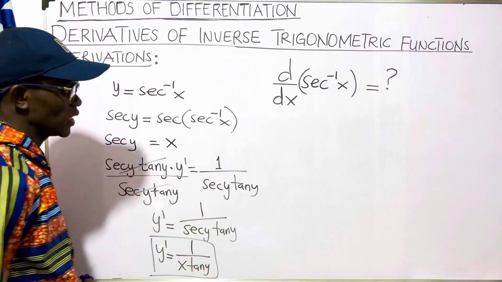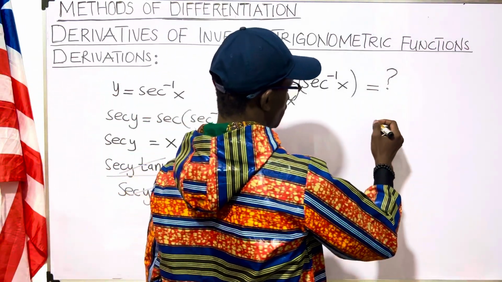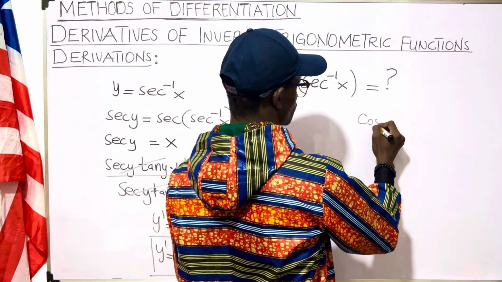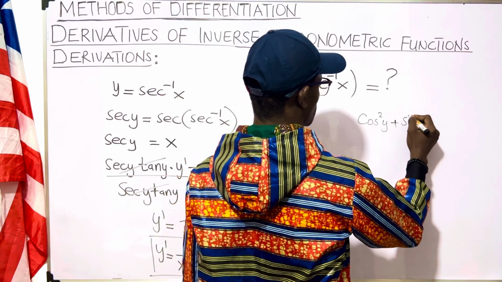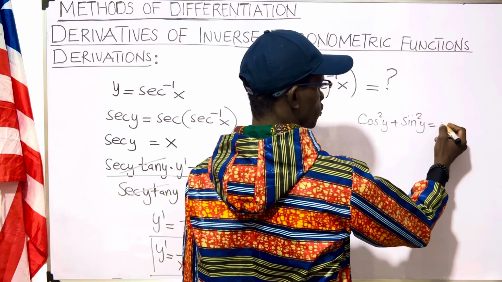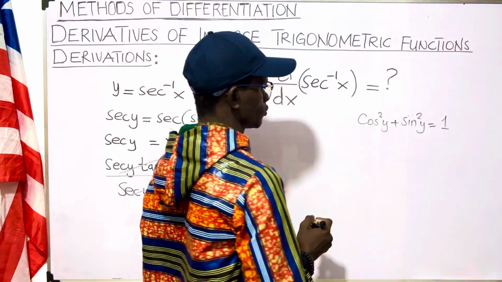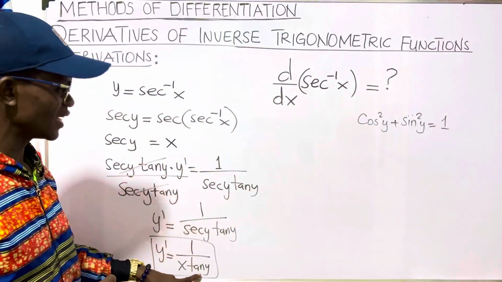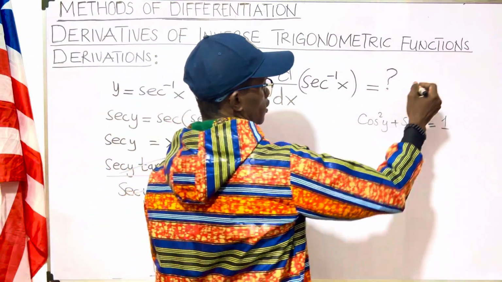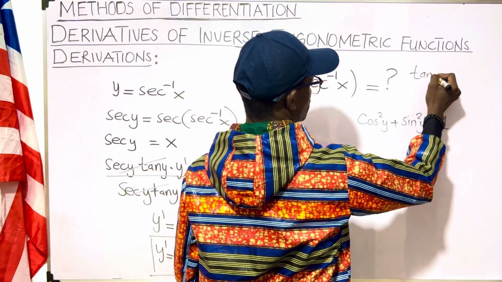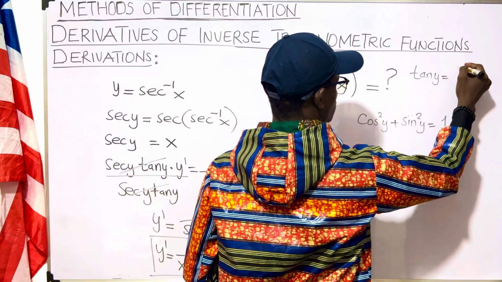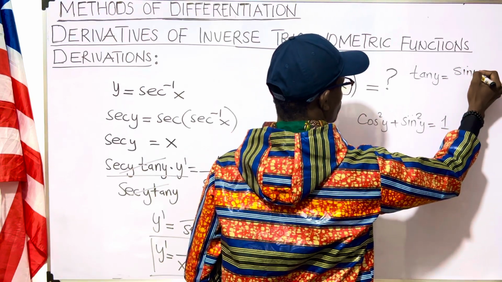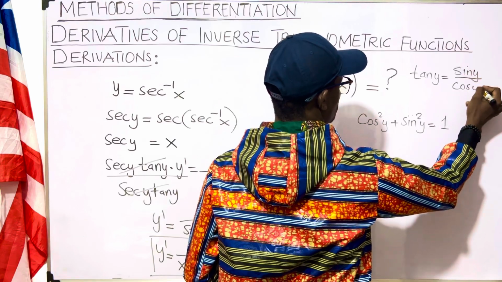Again, from the Pythagorean identity that we saw in the previous lesson, cos square y plus sine square y is equal to 1. If we want to solve for tangent, it means that we must have cos within the denominator.